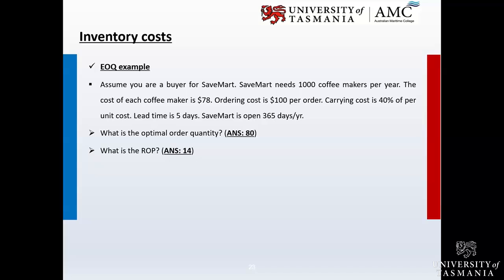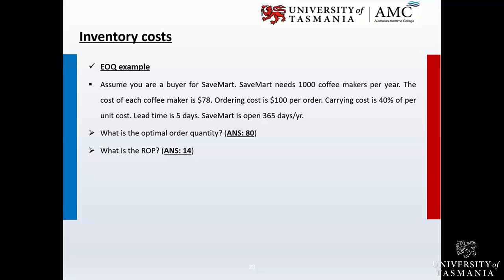For the second question, what is the reorder point? We find there is no uncertainty. So reorder point equals daily demand times lead time. In this example, daily demand equals the annual demand divided by working days. So the working days is 365 days, and the annual demand is 1,000.